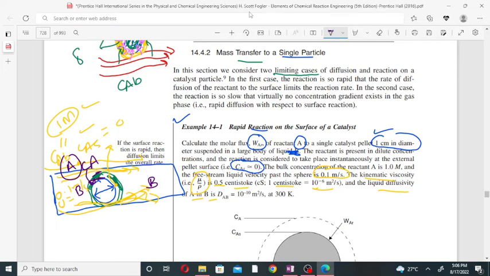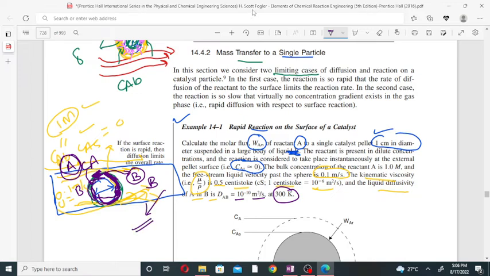So the diffusivity of component A in component B, the liquid around the catalyst particle, is given to us. It is 10⁻¹⁰ meter square per second at 300 Kelvin. So the whole process takes place at 300 Kelvin, under constant isothermal conditions.